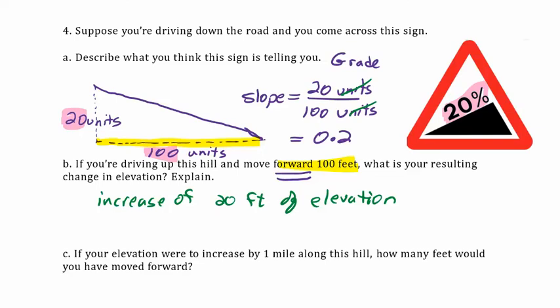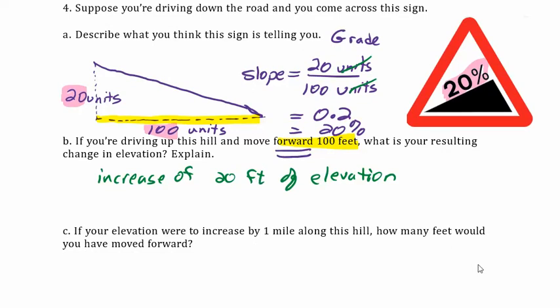If I change that to percent form, I get 20%, right? 20 over 100 is 20%. So when we have a 20% grade, that means 20 over 100, so we're going to have a change of 20 in the vertical and a change of 100 in the horizontal for our slope.